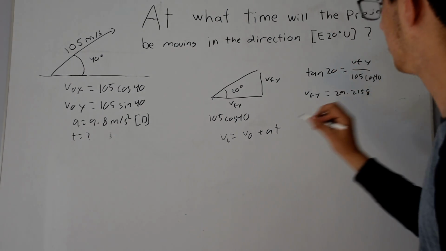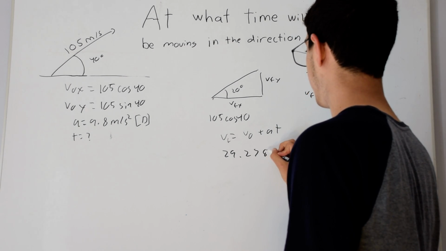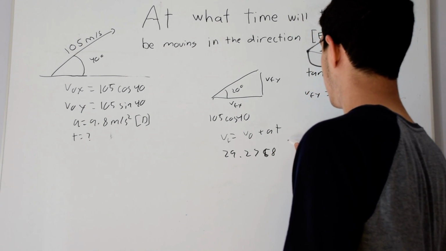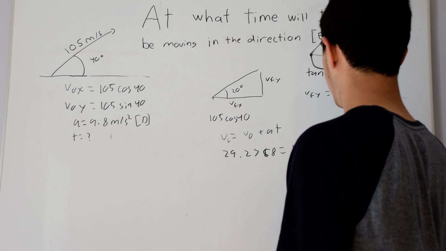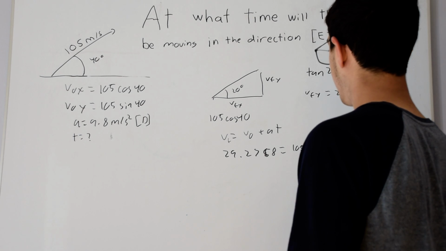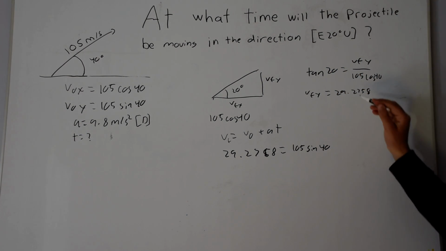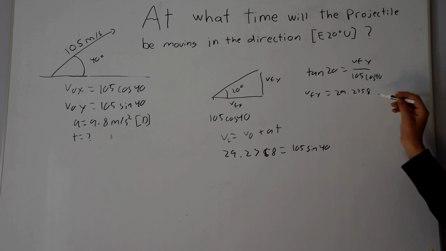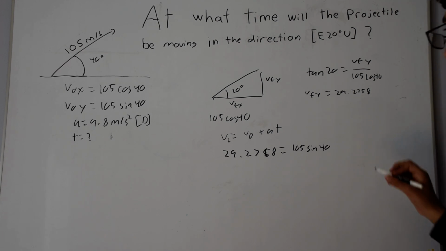The final velocity we just found is 29.2758. The original velocity is 105 sine 40. In general, it's better to leave it in variables instead of multiplying it out like we did here, because then you have to start rounding and your answer may be slightly off. But we use 4 decimal places, so our answer will be very accurate.